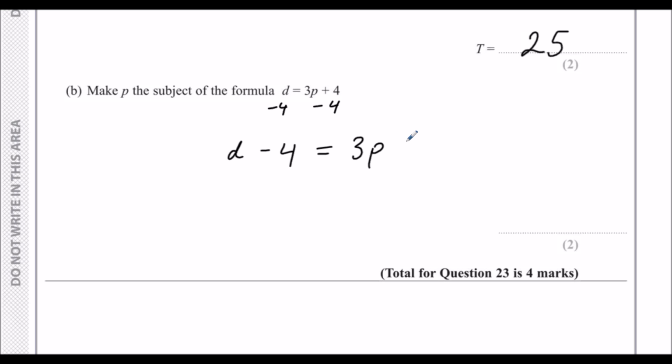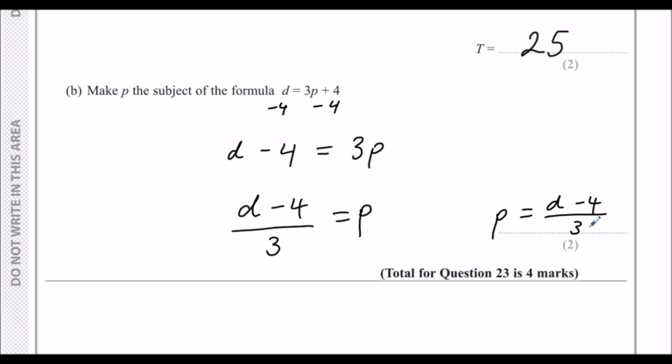Now I want P by itself. At the moment, it's multiplied by 3. So we do the opposite of multiplying by 3, and that's dividing by 3. So D minus 4 divided by 3 is equal to P. So now P's by itself. That's our answer.